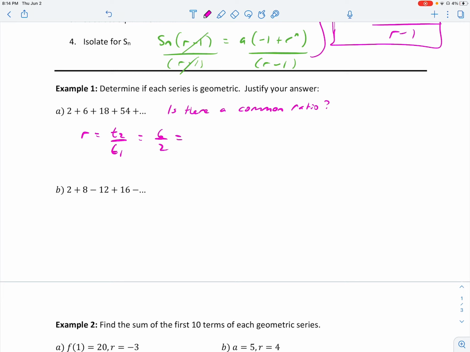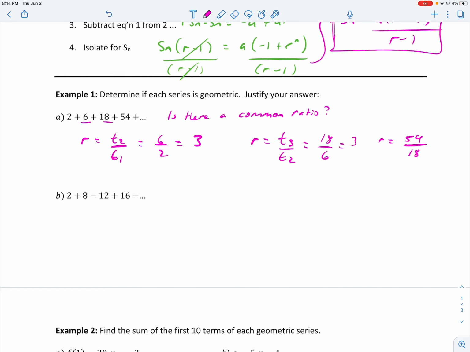So 6 over 2, and I get 3. So that's it for the first two terms. I can check with term 3 and term 2. So we'll divide this one by this one. So t3 over t2, it's going to be 18 over 6, also 3. And our last one, 54 over 18, that also looks like 3 as well.